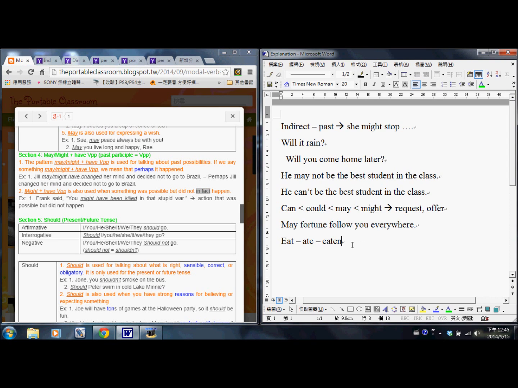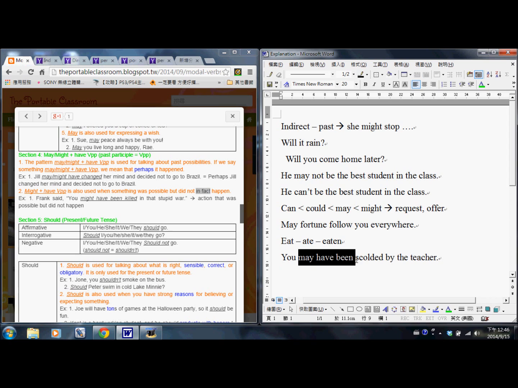Let me give you one more example how to use this. "You may have been scolded by the teacher." When you say this, "you may have been scolded by the teacher," was the person scolded by the teacher? No, not really.